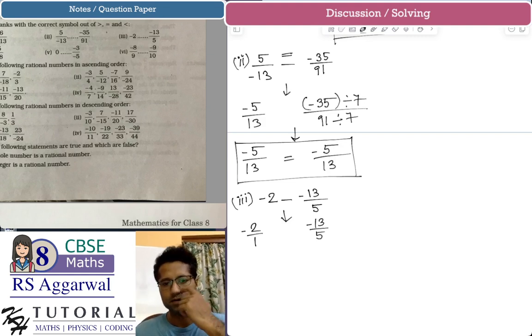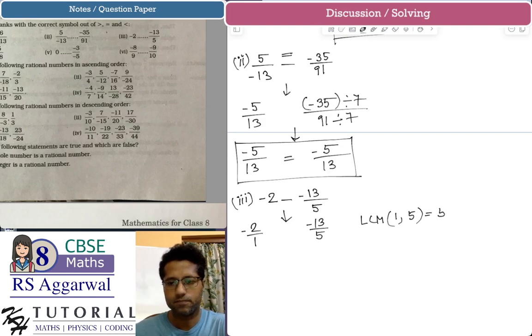We see both the rational numbers are negative and the denominators are different. So we have to convert them to their equivalent form so that they will have a common denominator, the LCM of 1 and 5. And the LCM of 1 and 5 we know is 5.